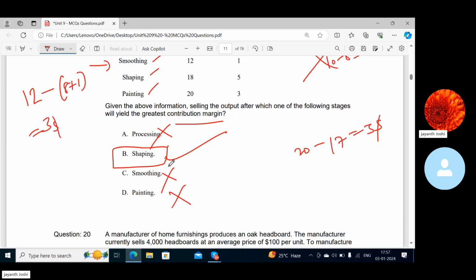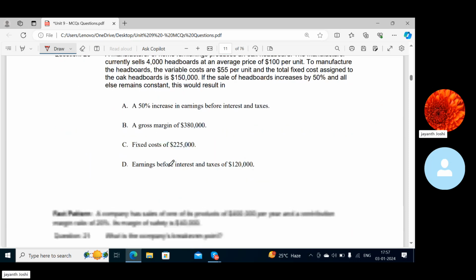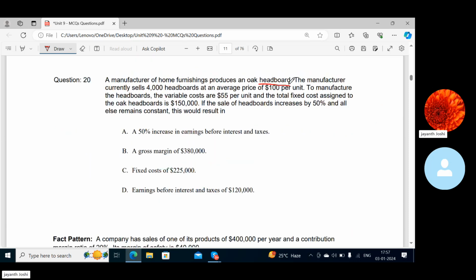A manufacturer of home furnishings produces an oak headboard. The manufacturer currently sells 4,000 headboards. Average price is $100 per unit. So they make oak headboards and sell 4,000 headboards at an average price of $100, which is the selling price per unit.